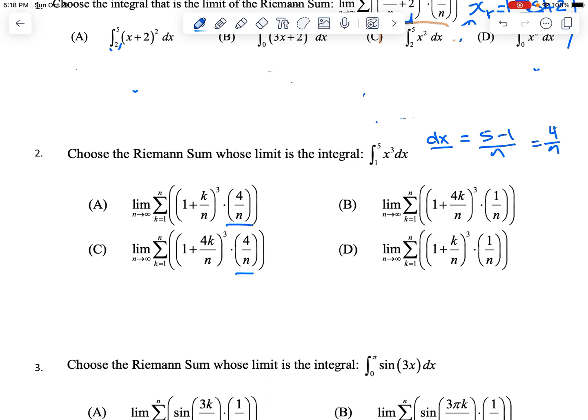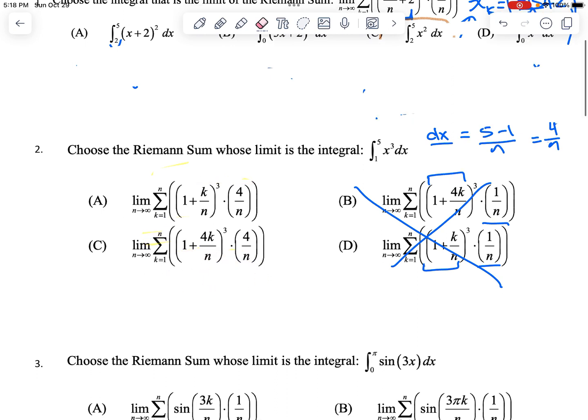Usually I can tell pretty easily what the dx is, because that's going to get multiplied through every single time. That's the width of your rectangle, and this will be your f of x, whatever this function is. So I can tell right away it can't be B or D. The only ones that have the 4 over n are A or C. So we're at least down to these two, okay?